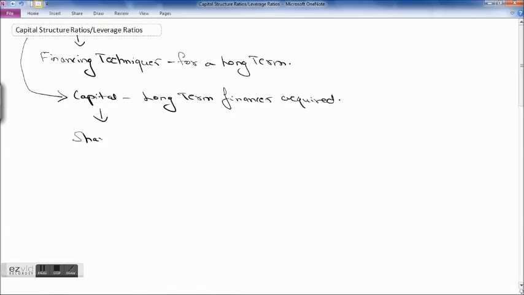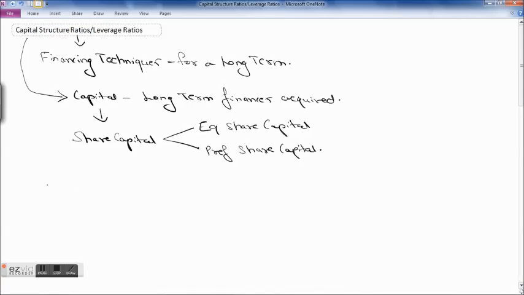It will include share capital, which is basically divided into two types: equity share capital and preference share capital. Then you will have reserves and surplus, which is accumulated profit reinvested in the business.